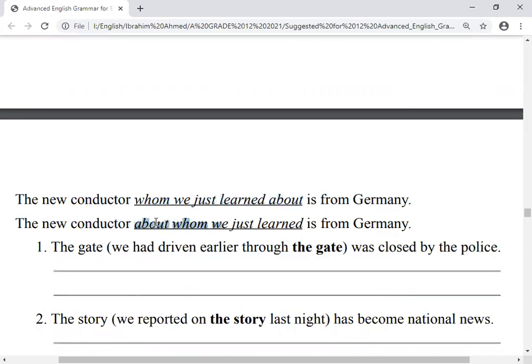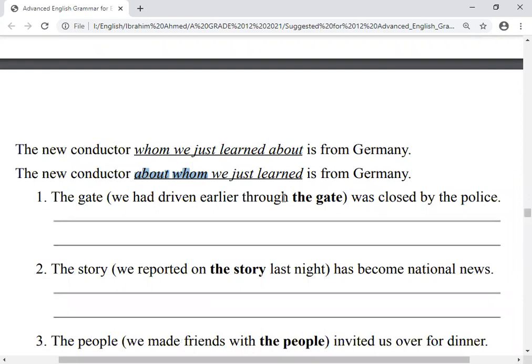Both again, as the writer said here, are fully grammatical: the pronoun only and the preposition left at the end, or the preposition preceding the pronoun.